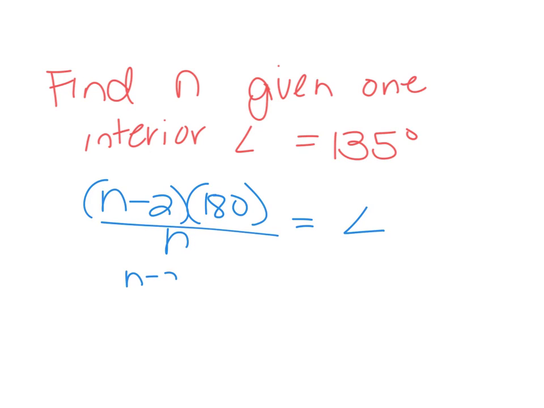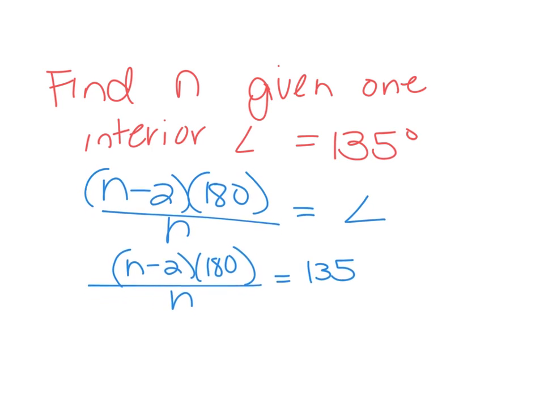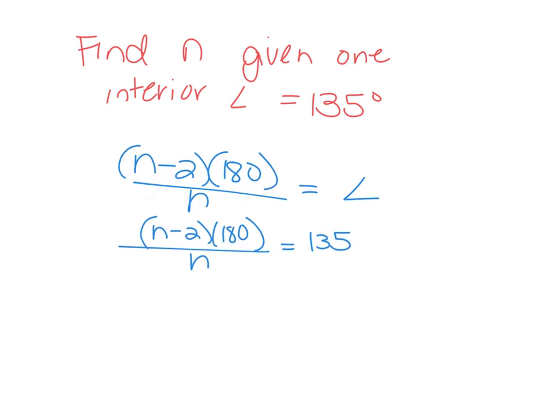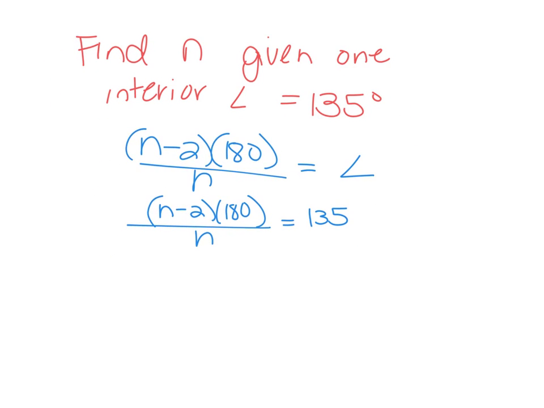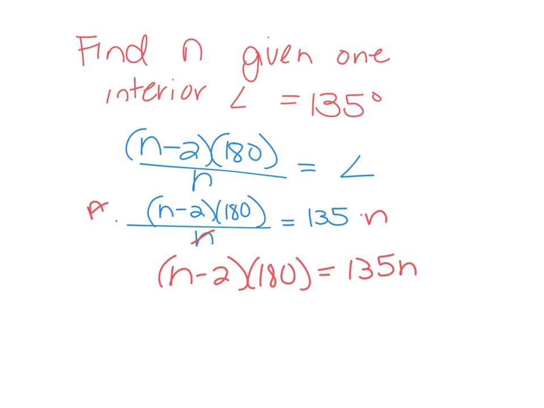So if n minus 2 times 180 over n equals 135, how could I solve for n? So I can multiply n on both sides. This cancels. I get n minus 2 times 180 equals 135n. Distribute the 180.